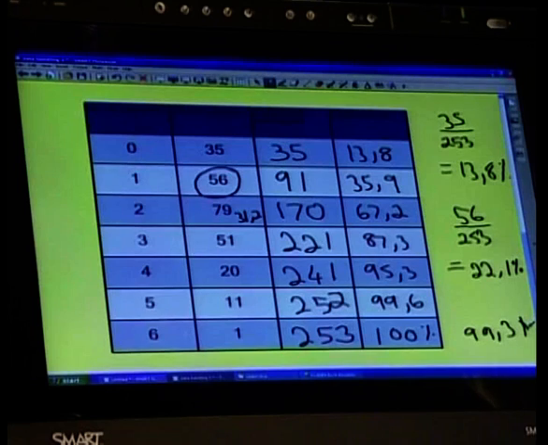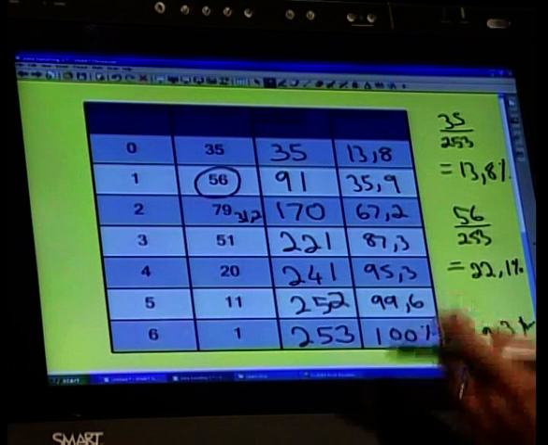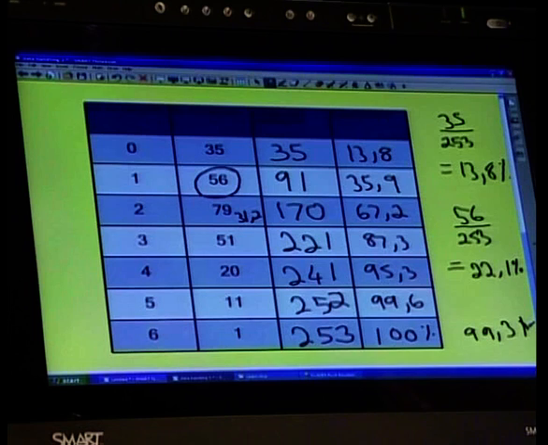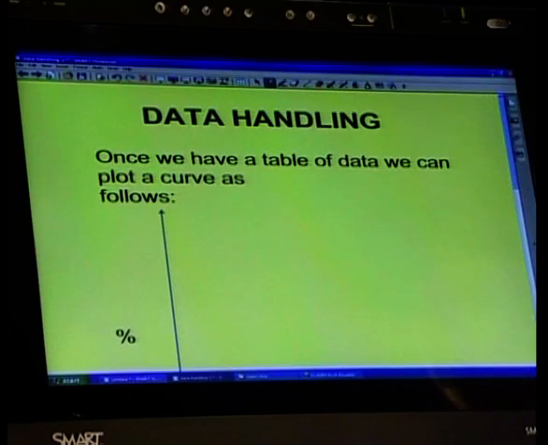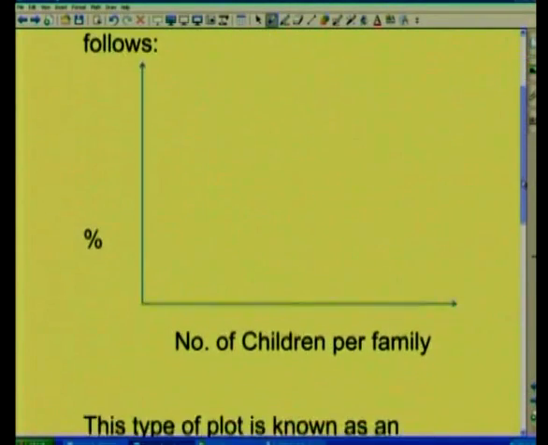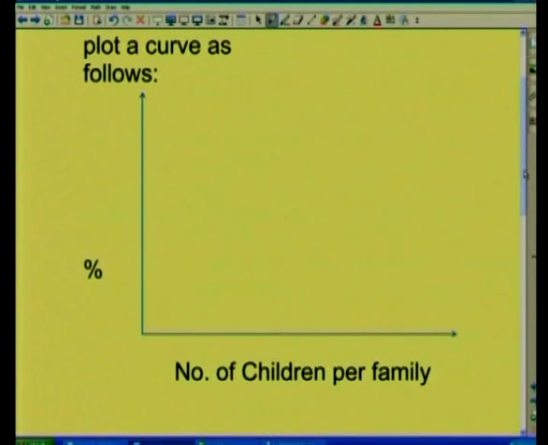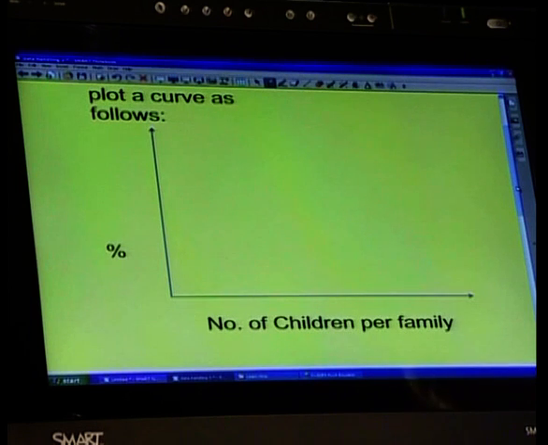Now, once we have the cumulative frequency and the cumulative frequency percentage, we can use this data to plot a graph for ourselves. You can see over here, I've set up an axis system. On the x side, I've got the number of children per family.